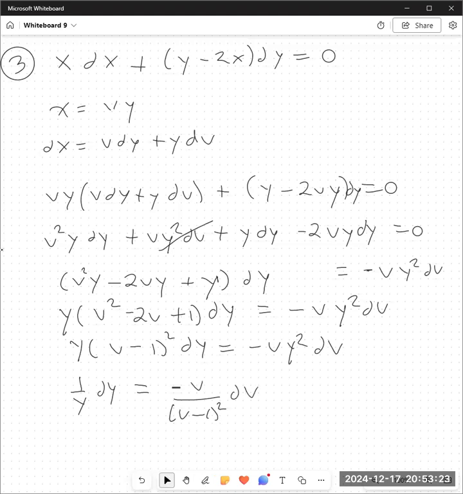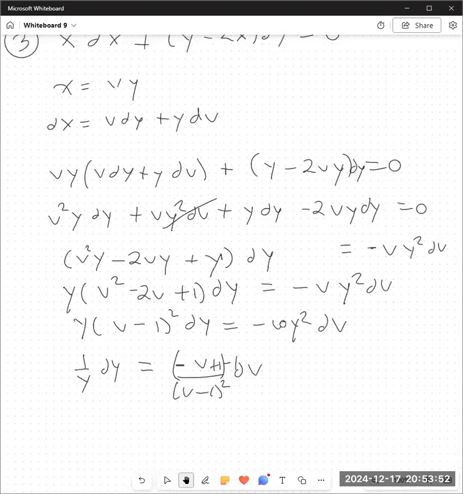So I have some options here. Let's just go ahead and add and subtract 1, because that's going to split this up nicely. Instead of doing partial fraction decomposition, I'll just add 1 and subtract 1. And when I do that and pull the -1 out, I'll have a v minus 1 on the top that will cancel.